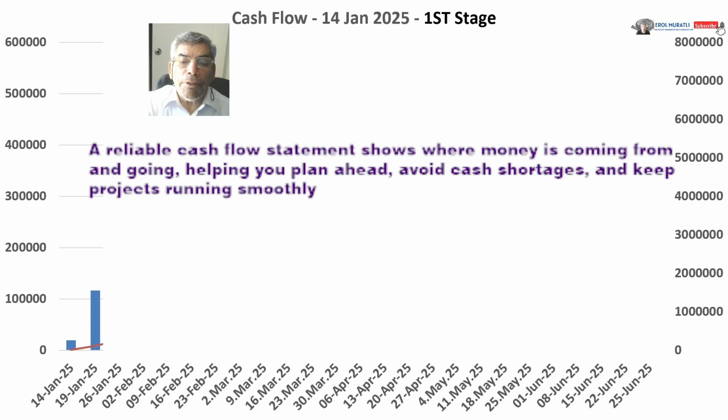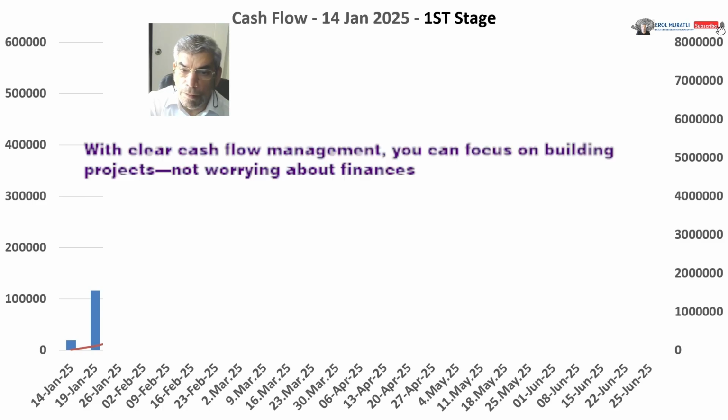A reliable cash flow statement shows where money is coming from and going, helping you plan ahead, avoid cash shortages, and keep projects running smoothly. With clear cash flow management, you can focus on building projects, not worrying about finances.